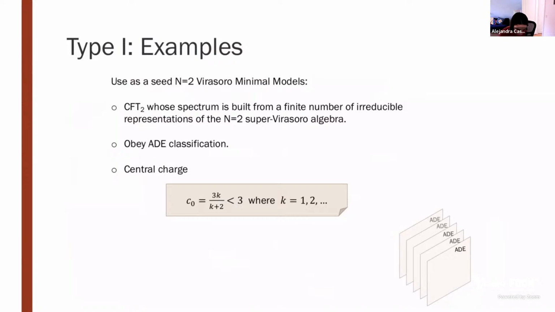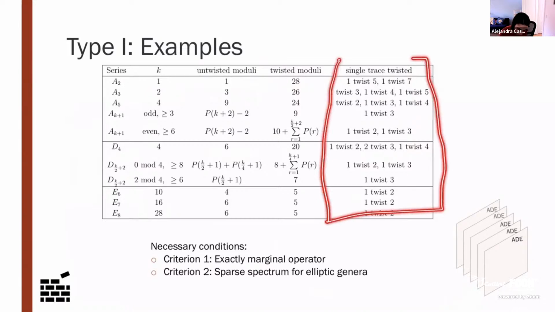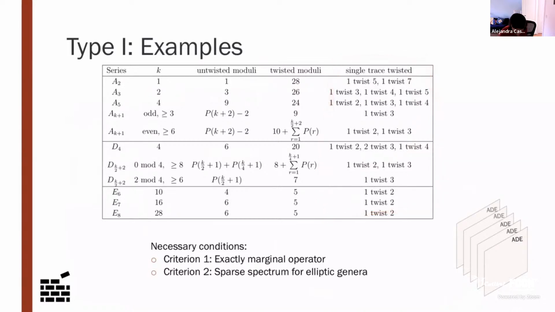To show you a little bit how the moduli looks here, in this table, which is in one of our papers, the moduli that I'm emphasizing is this last column, which is single trace and twisted. But you can also have other types of moduli: these are multi-trace moduli, and these are just untwisted moduli. But the one that we want to deform by is this.